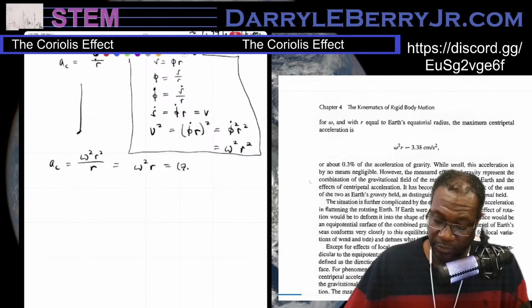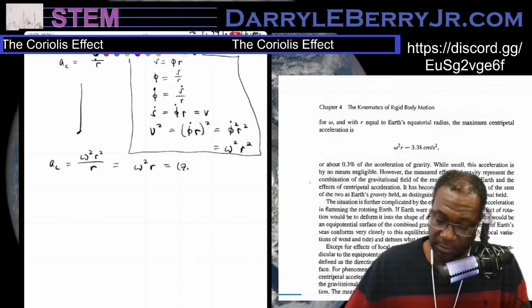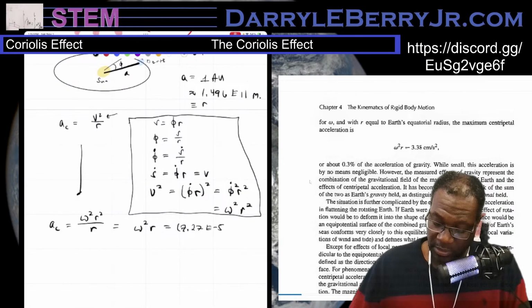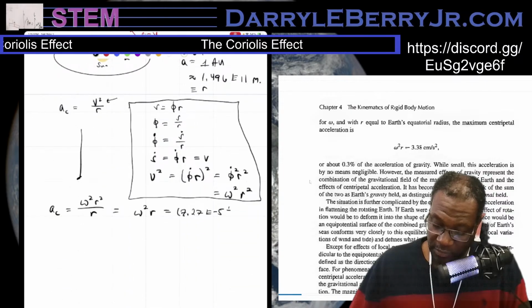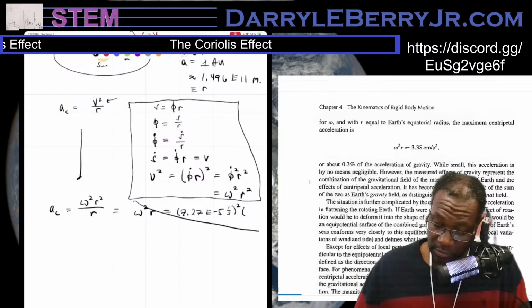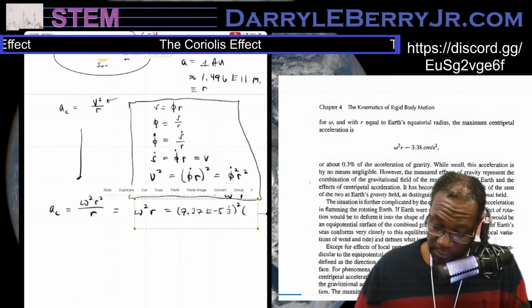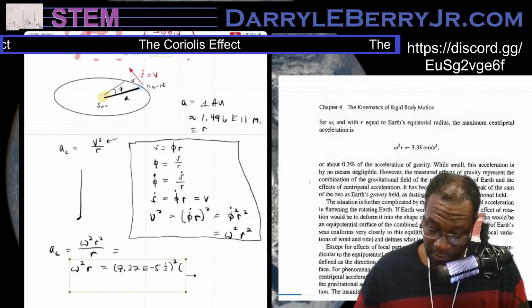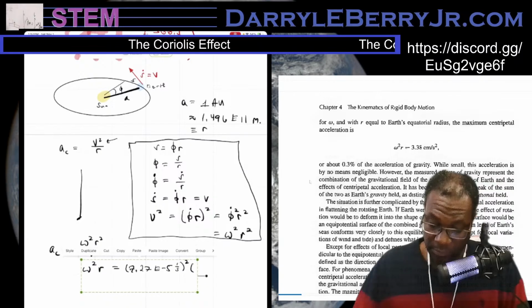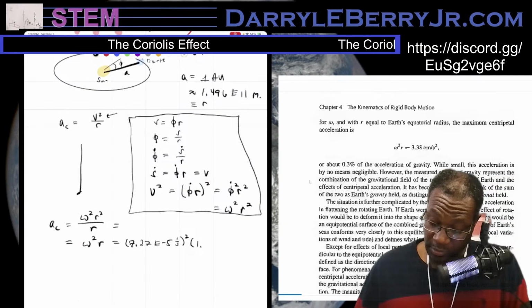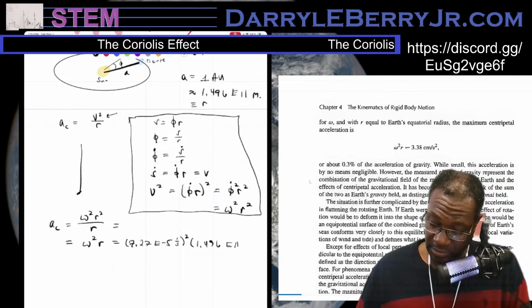So I have 7.27 times 10 to the negative 5 per second squared, times, this equals that times 1.496e11 meters.